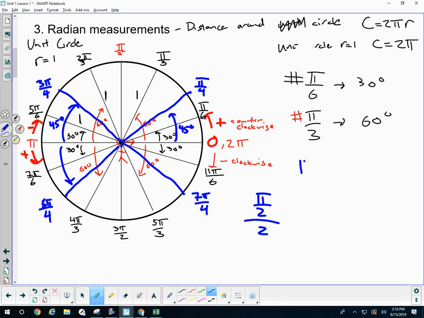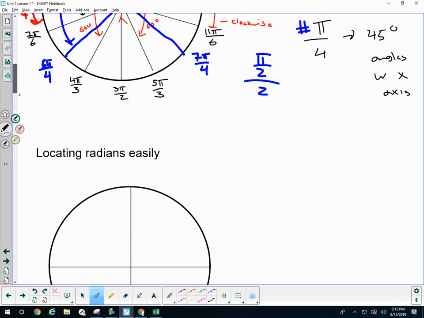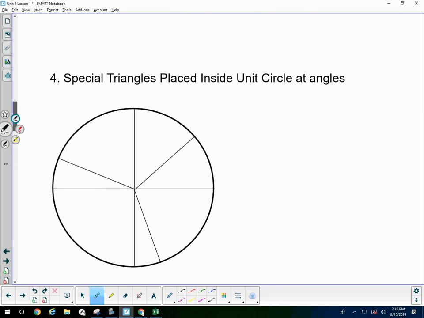All of my pi over 4s create 45-degree angles with the x-axis. Okay? Great. Now, why is that important, understanding these angles relative to the x-axis? Because of something we'll get to shortly.